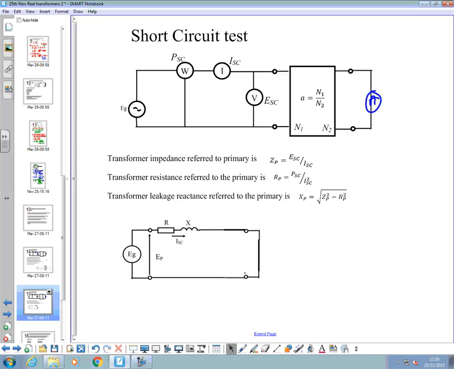So we're measuring the short circuit input voltage of the transformer divided by the short circuit current, that gives us the effective impedance of that transformer, and the transformer resistance referred to the primary is this power divided by that current squared.